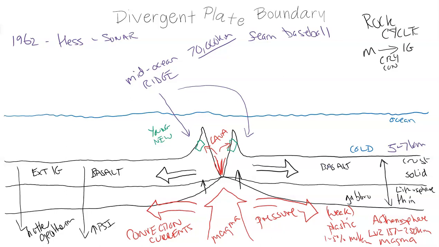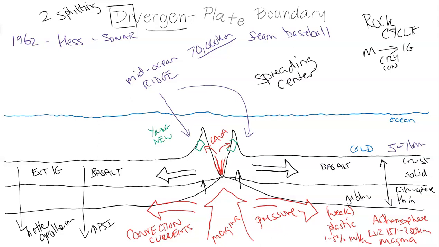So we get what we call a spreading center, which is the location or the point of the divergent plate boundary. Divergent, a divide. Di means to make two, so you are splitting into two, and verge means to move.